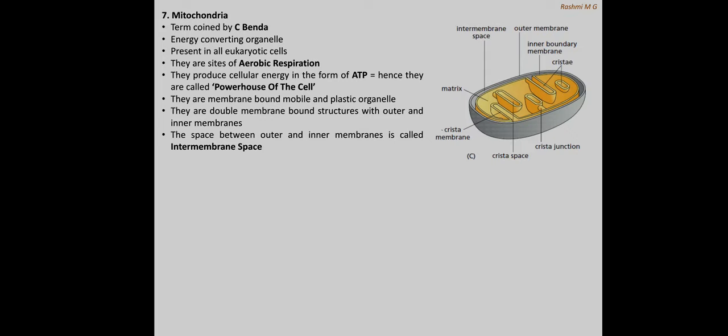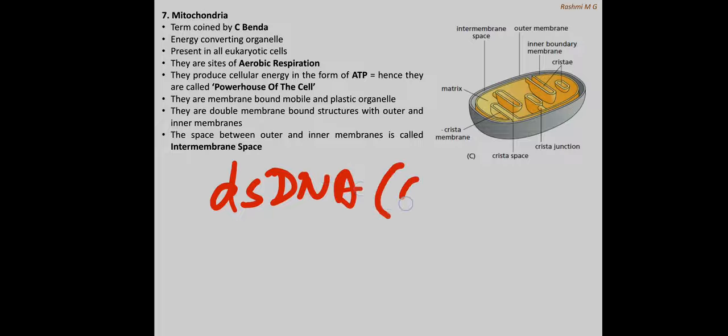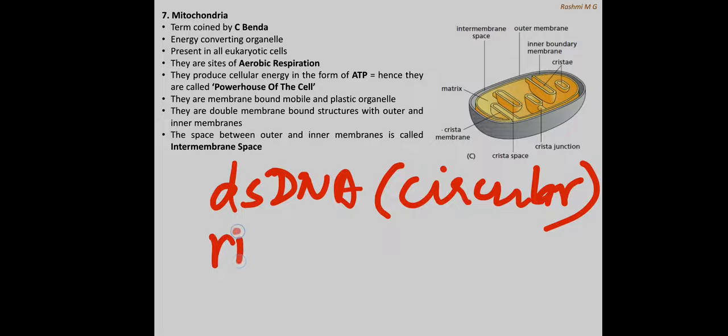The matrix contains double-stranded DNA, which is circular, and mitochondrial ribosomes.